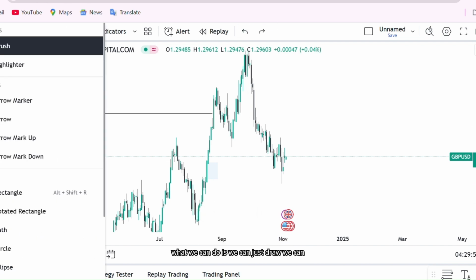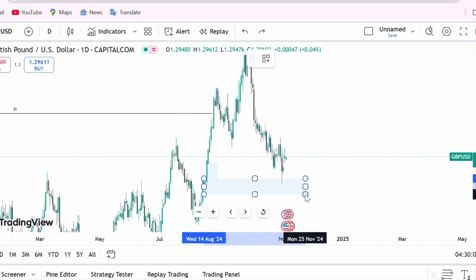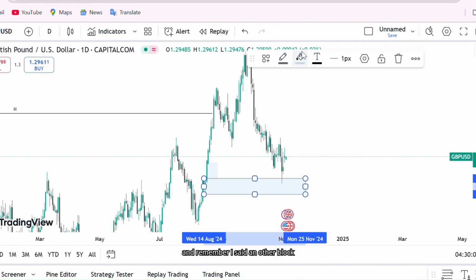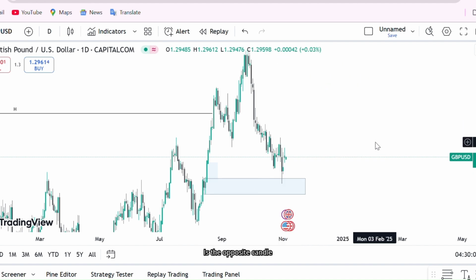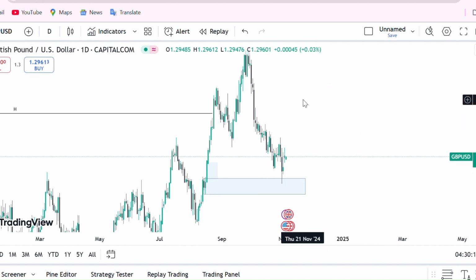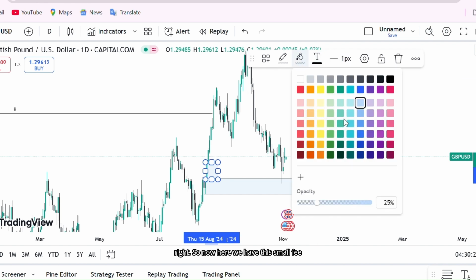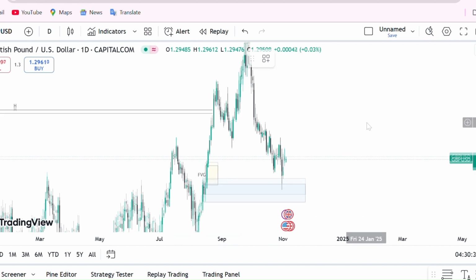So what we can do is we can just draw a rectangle on our order block. And remember I said an order block is the last opposite candle before the market went into the other direction, right? So now here we have these small fair value gaps, and they're preceding an order block.